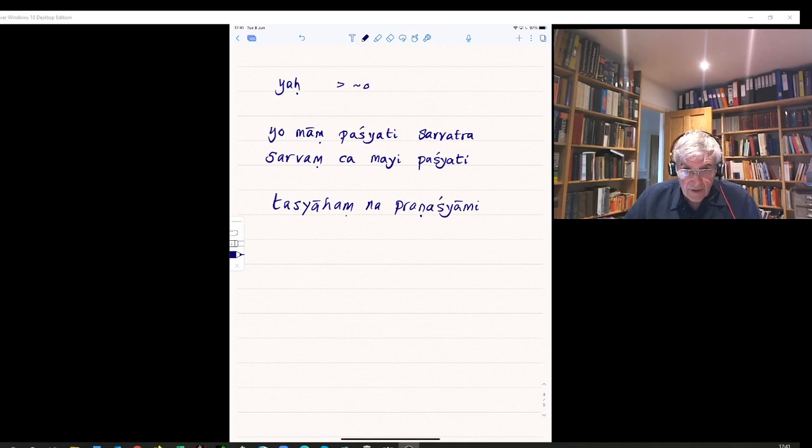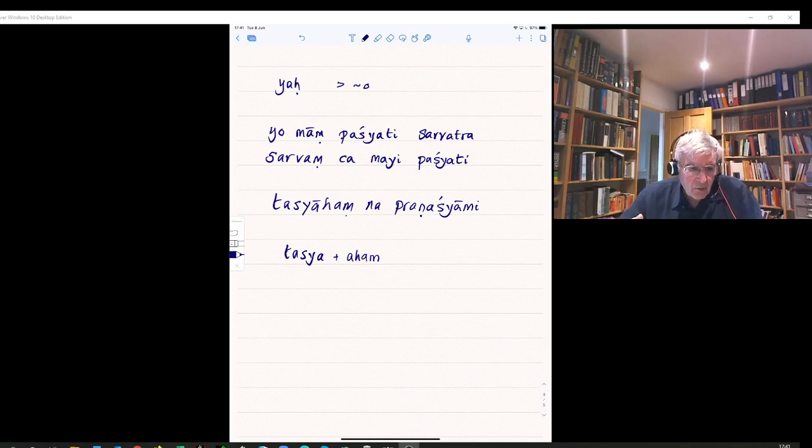Tasyaham is by Sandhi the merging of tasya plus aham. So pranashyami here is a present tense, but used as a future tense, meaning I don't or I never will.